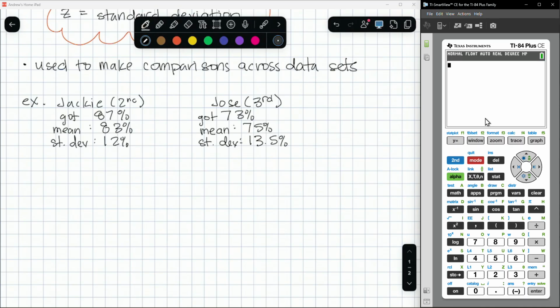So we're going to calculate a z-score for Jackie first. So z-score is the data value for the student minus the average on the test, the mean, divided by the standard deviation. So 87 minus 83 divided by 12. And we get 0.33.